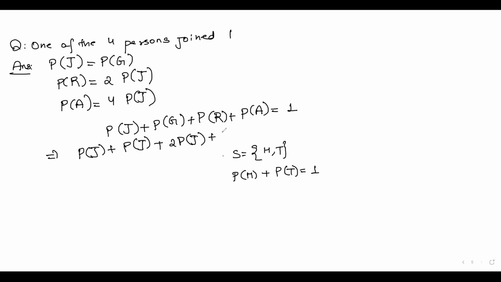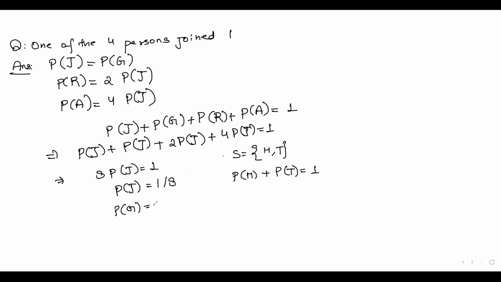PA is equal to 4 times PJ. Is this clear? Now add all these: 1, 1, 2, 4, and this is 8 PJ. This is equal to 1. So finally you will get PJ equal to 1 by 8. This is clear.